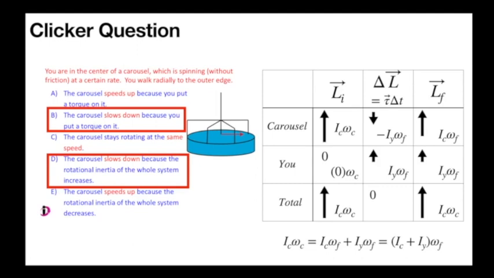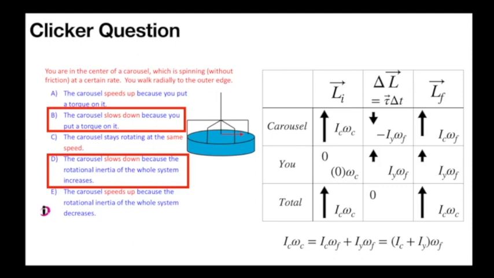And so I pick up some angular momentum in the same direction that the carousel originally had. Since the total change has to be 0 because there's no net external torque, whatever I gain, the carousel has to lose. So we end up with me having some new positive angular momentum, and the carousel with slightly less than it originally had. We exchanged angular momentum.